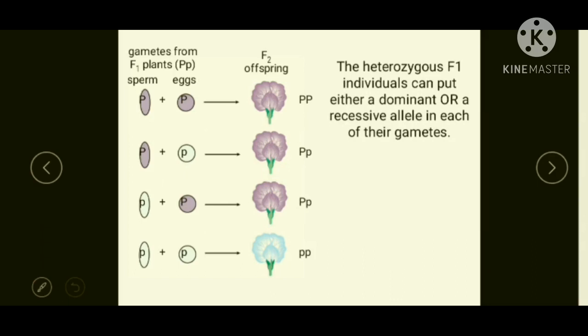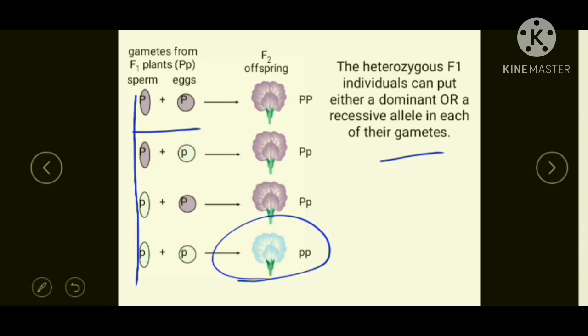But in the F2 generation, when we cross the F1 generation or self the F1 generation, we can get one recessive allele here. The heterozygous F1 individual can put either a dominant or a recessive allele in each of their gametes. Here this one is the sperm, and this one is the egg cell.